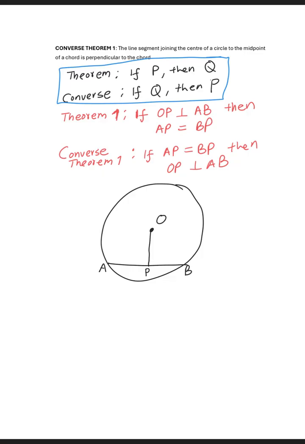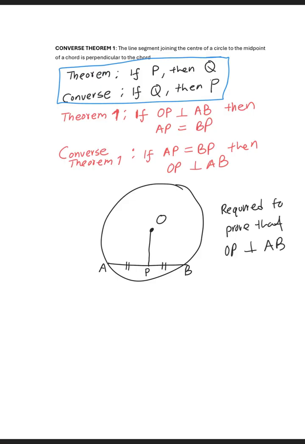And here, the converse says, if AP is equal to BP, meaning we know that AP is equal to BP, then OP is perpendicular to AB. So that's what we are required to prove.